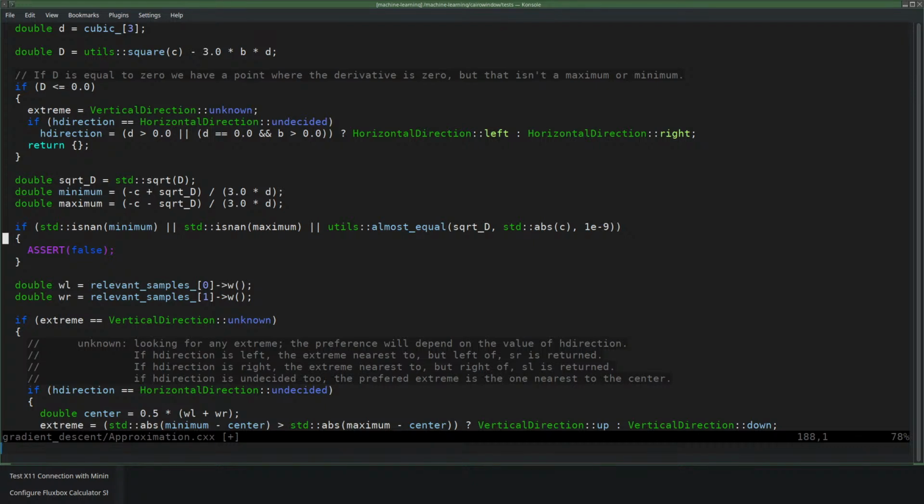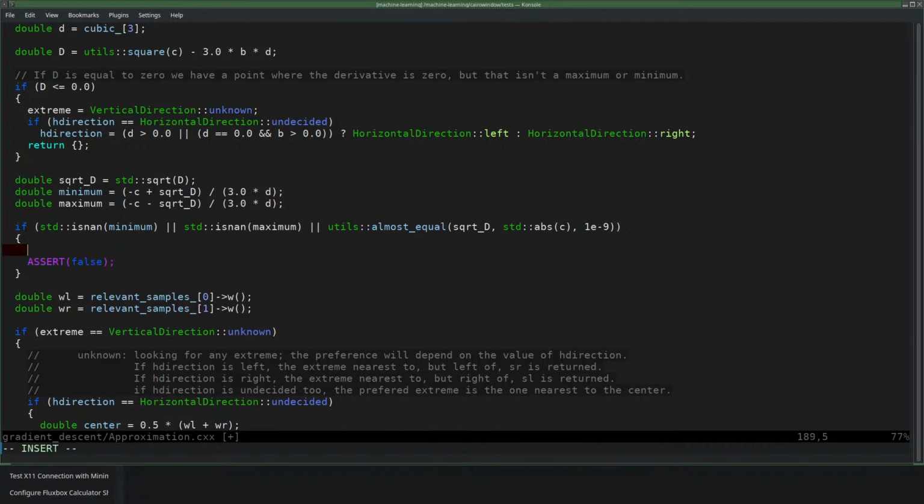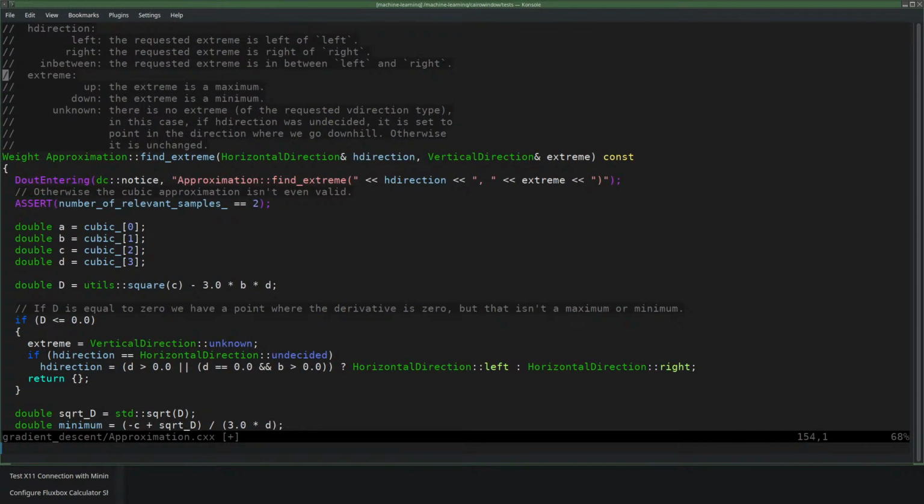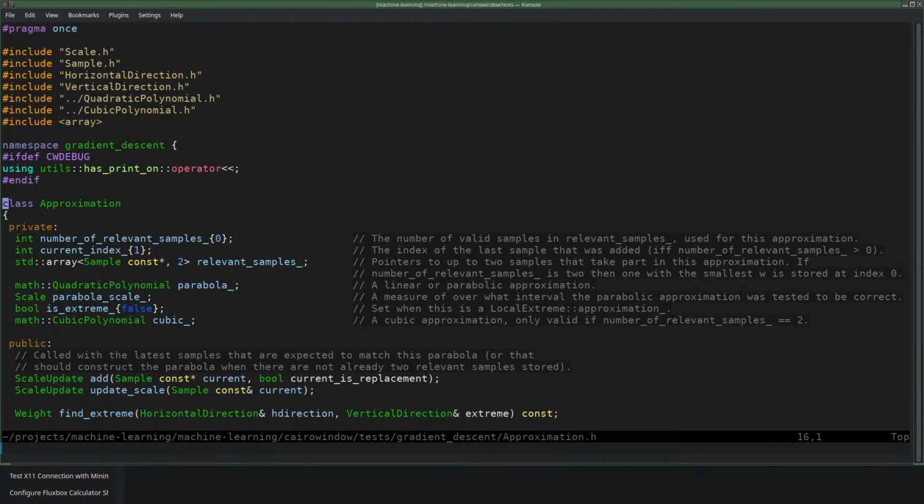So in this case, we're going to use a parabolic approximation, which I already have. That is, we are in approximation, which also has a parabola being fitted. So I think I should use that then.